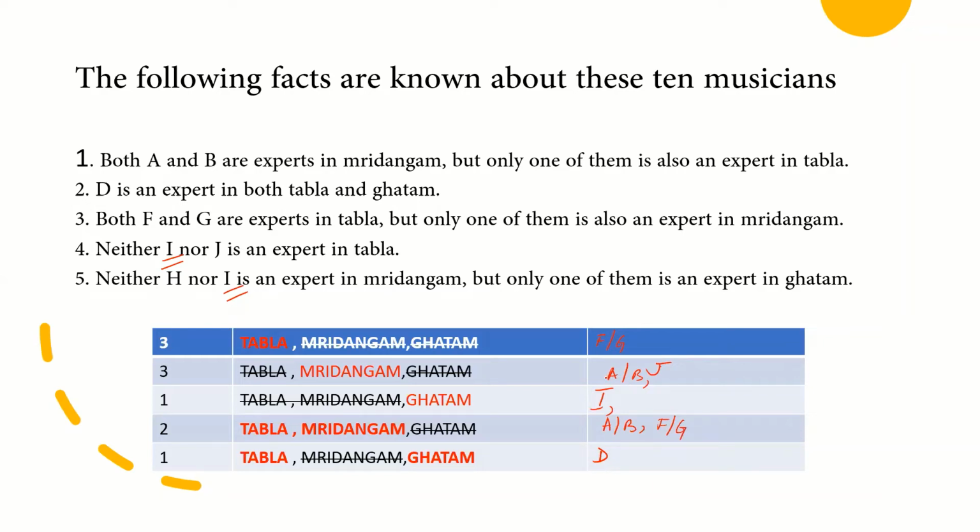And then neither H nor I is an expert in mridangam. Okay, so we automatically have H over here. I hope this part of the table is clear to everyone. Okay, so let's move further.